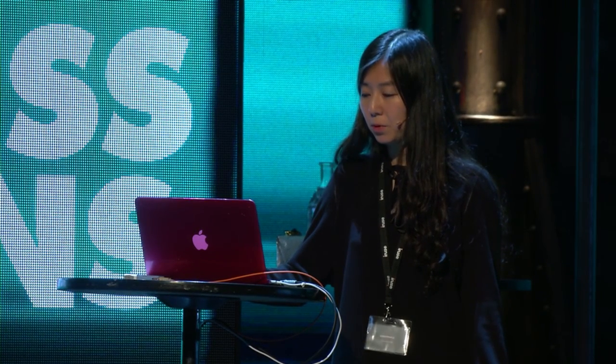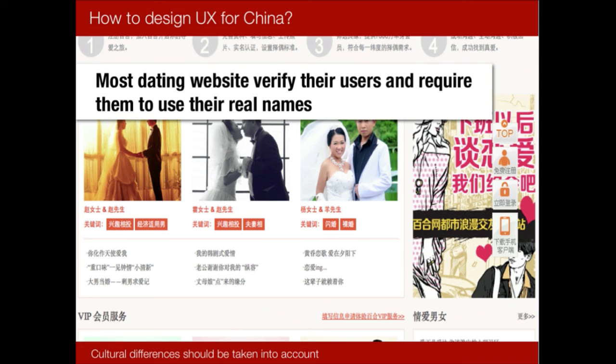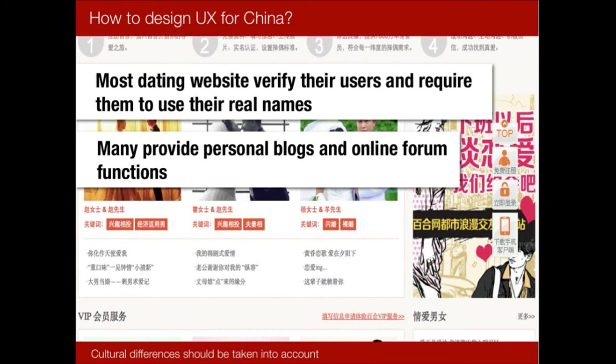Like I said before, people in general are suspicious of strangers. So in China, most of the dating websites ask users to input their real name and age, and they will verify it against their identity document. They also provide space for personal blogs and online forums for users to express their views.